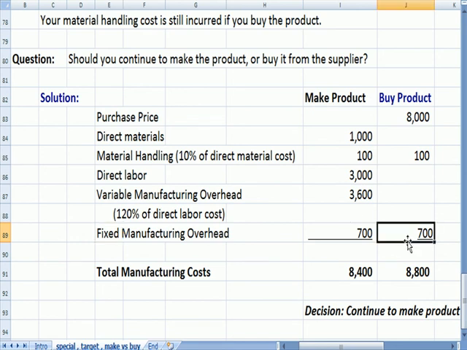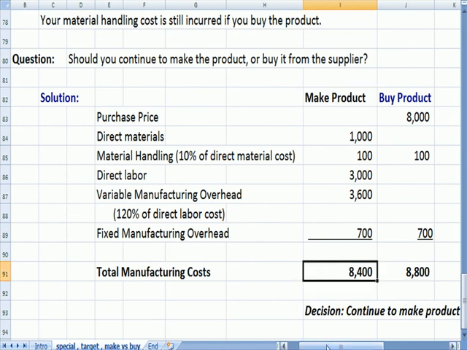Maybe that fixed manufacturing overhead is a lease payment on a factory where you produce, where even if you make the product somewhere else, you still write that check for the lease costs, and so that doesn't go away. So if you buy the product, it's actually more expensive at $8,800 than if you continue making it.